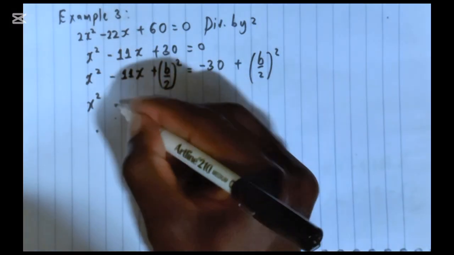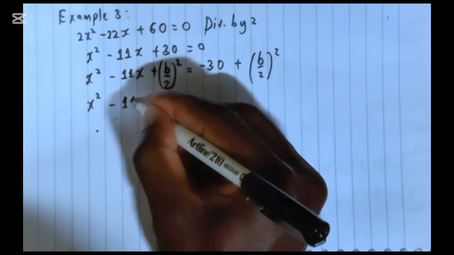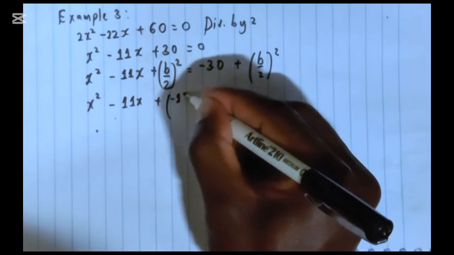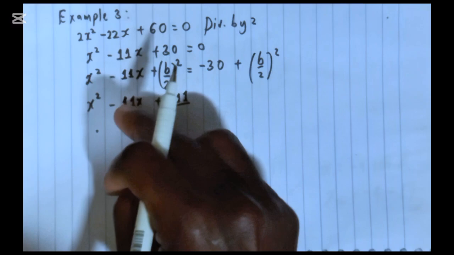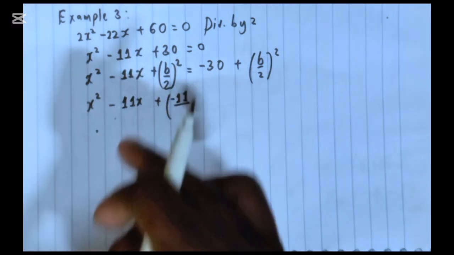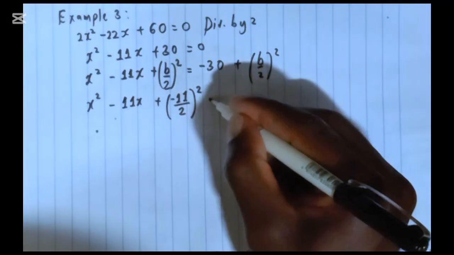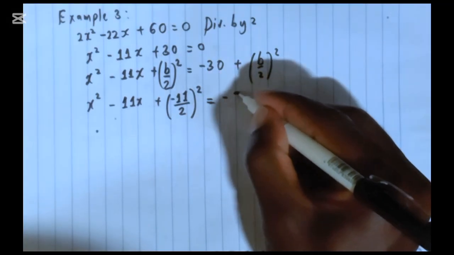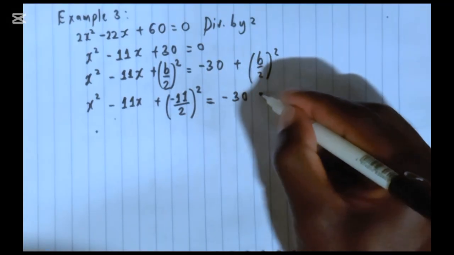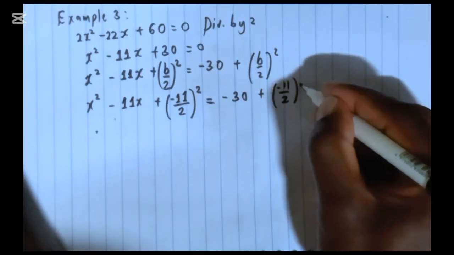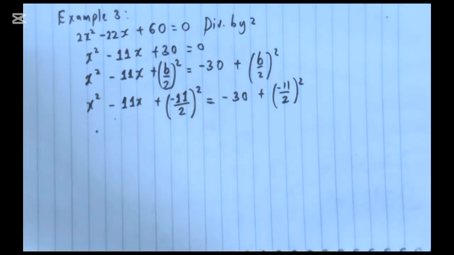So that's going to be x squared minus 11x plus (negative 11 over 2) squared being equal to negative 30 plus (negative 11 over 2) squared. So this is done.